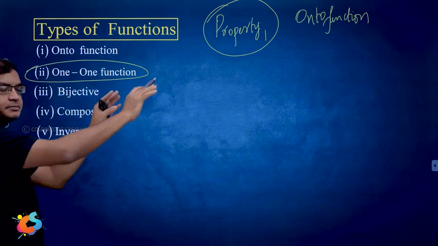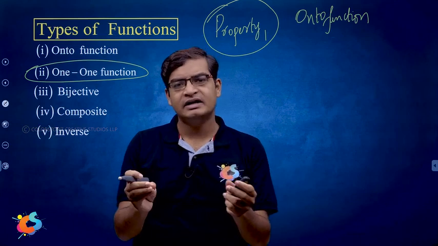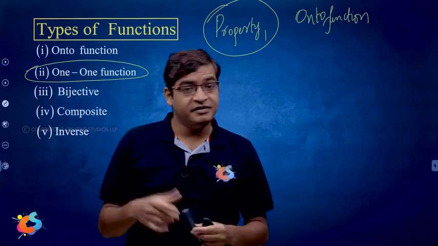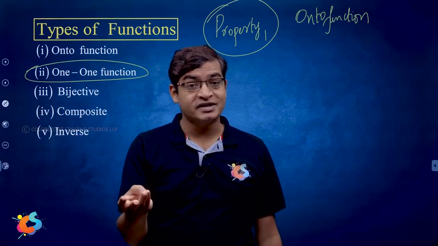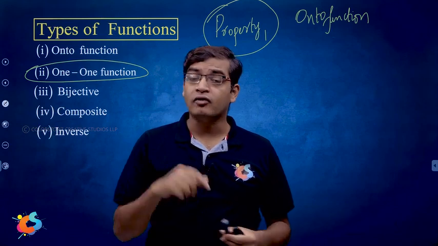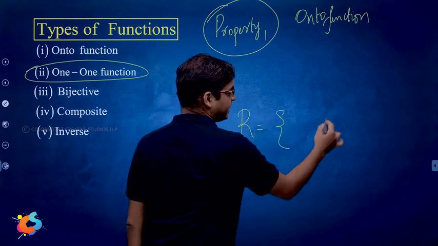This is another property. If the function is following that property, then you will give a name to it. Like types of relations. We have seen different types of relations. What are they? Empty relation, universal relation, reflexive relation. On what basis did we name a relation reflexive?